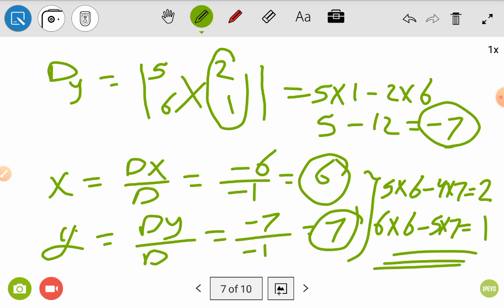Now it is clear for you. If you substitute with these values, x and y, 6 and 7, in the two equations, you will be sure that your answer is right.